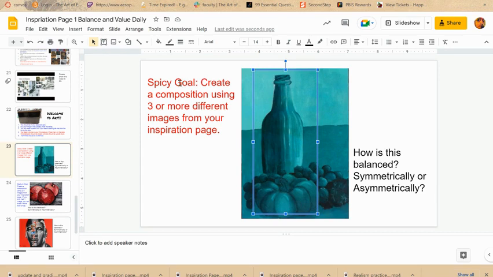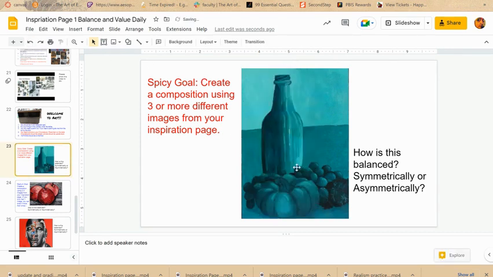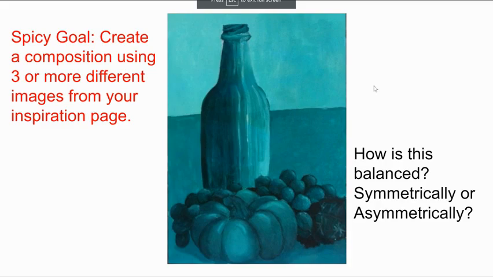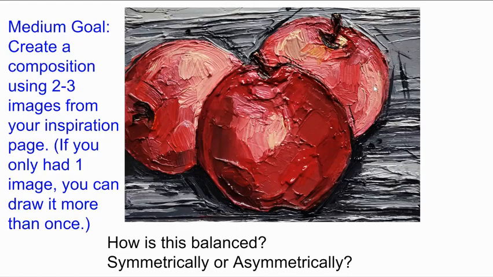But that's not how the composition is set up, which makes it asymmetrical. So on your evaluation, you're going to be telling me the evidence from your project as to how it's balanced. Medium goal. You're going to be creating a composition using 2 or 3 images from your inspiration page.